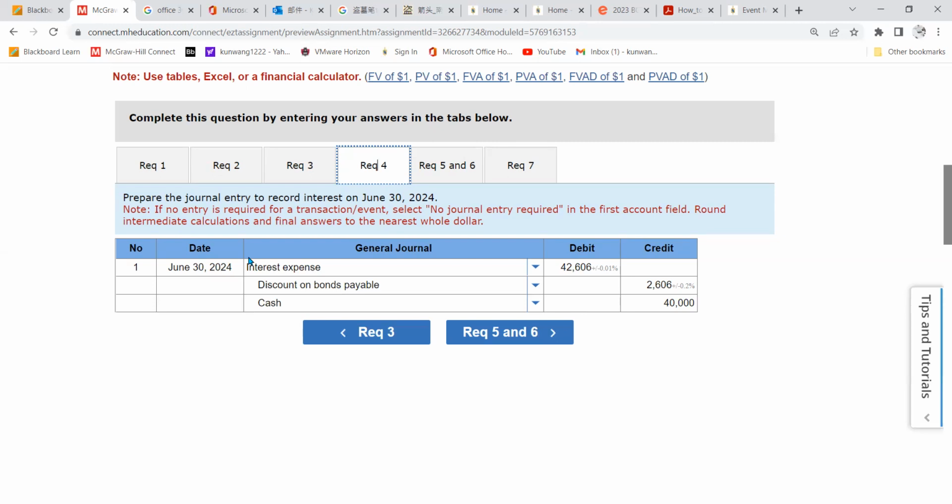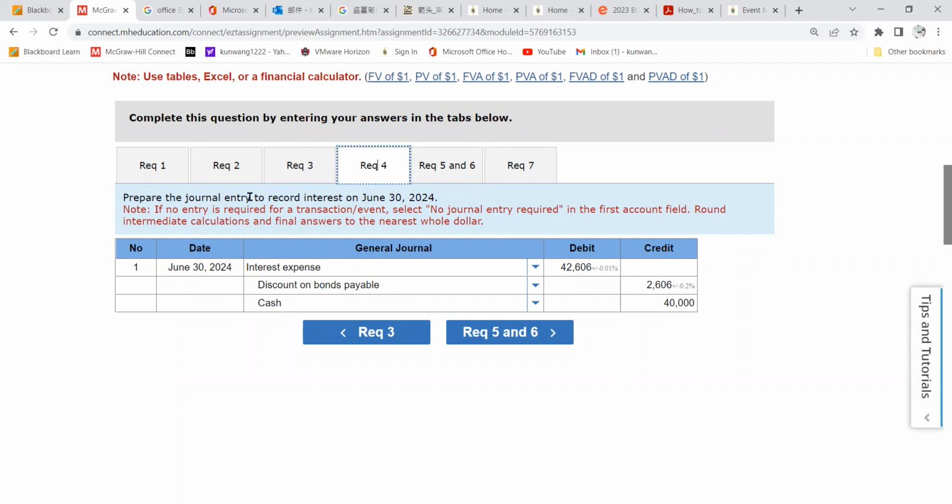The cash they are going to receive will be 40,000, but the investment interest revenue will be the effective interest, and they also need to adjust for any discount or premium. So the seller's adjustment or the buyer's adjustment.